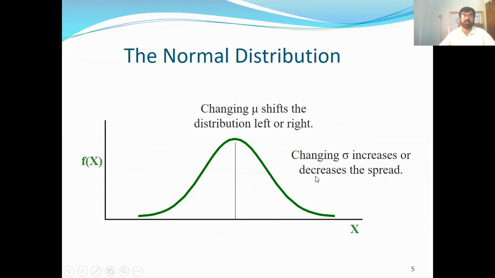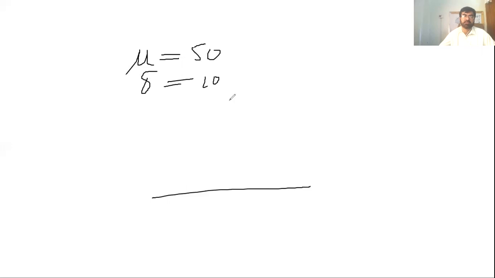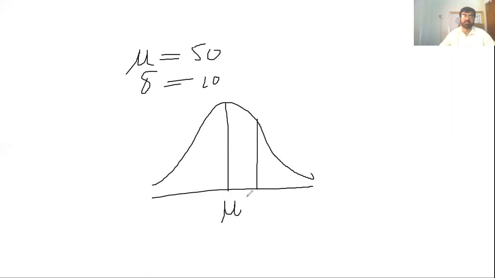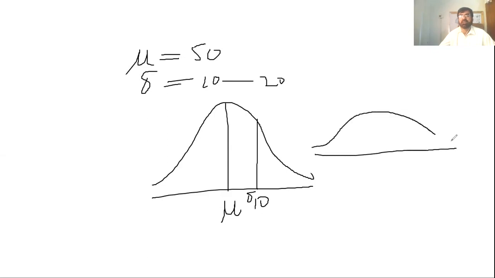Let me explain it on the board. Like if your mean is 50 and your standard deviation is 10, it may have this sort of curve: mu, and then the standard deviation, which is 10. If you increase this, it will give you a curve like this.